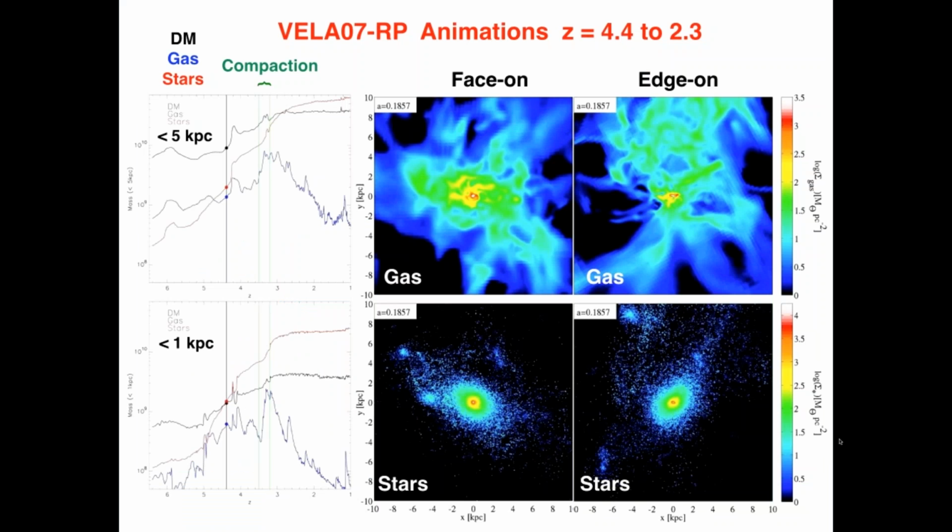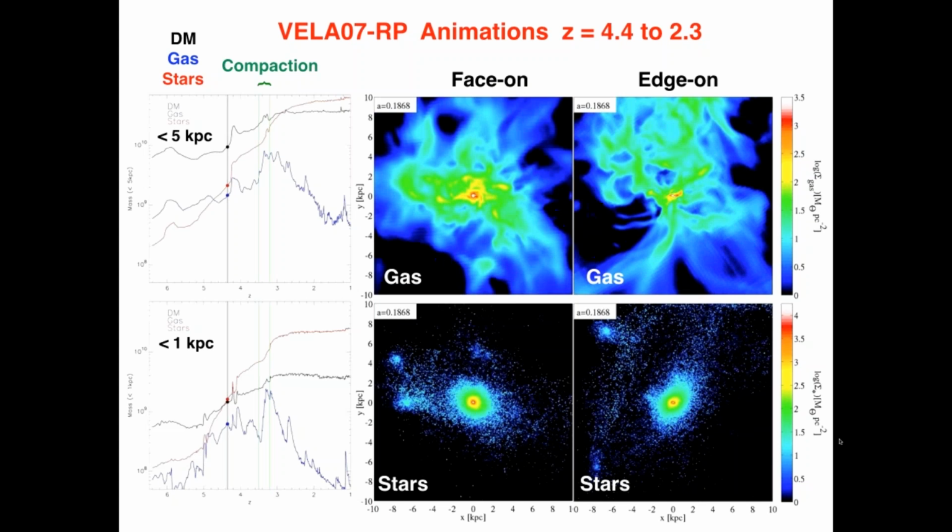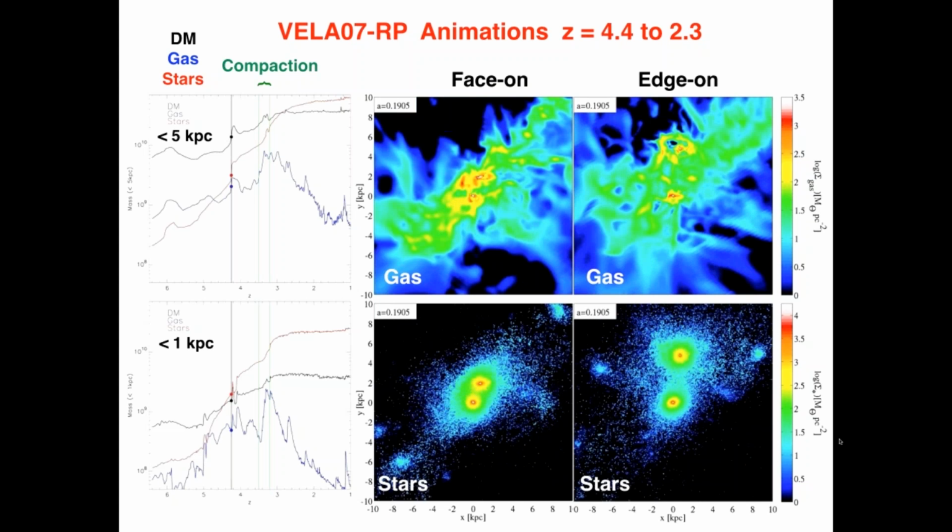So this is one of our simulations. It happens to be number 7 with radiative feedback. And what we're going to do is look on the left at within 5 kiloparsecs, and then the lower left within 1 kiloparsec. And on the right, you're going to see how the galaxy evolves. This all goes by pretty quickly. Here goes. So the galaxy started out fairly elongated.